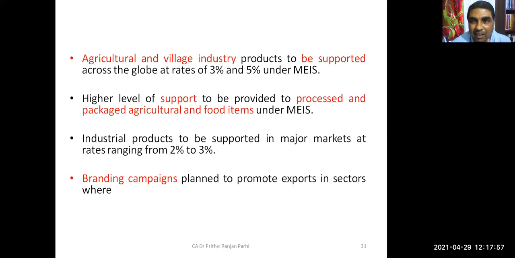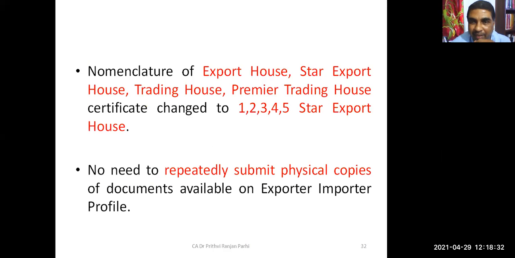As of now, this policy is intended to encourage agricultural and village industry products to be exported. So policies are designed in such a way that they support export of agriculture and village industry products. Support is also provided for packaged agricultural and food items. Industrial products are also supported. This policy also supports or facilitates branding campaigns so that products can be branded.